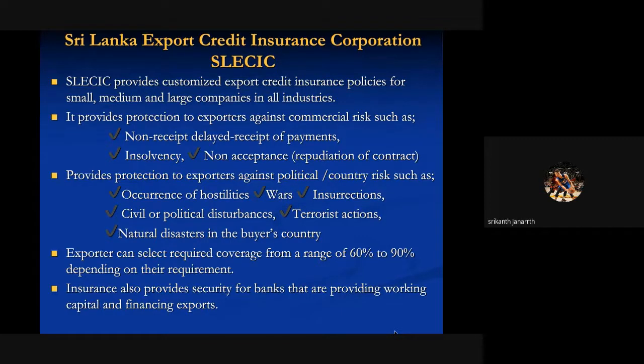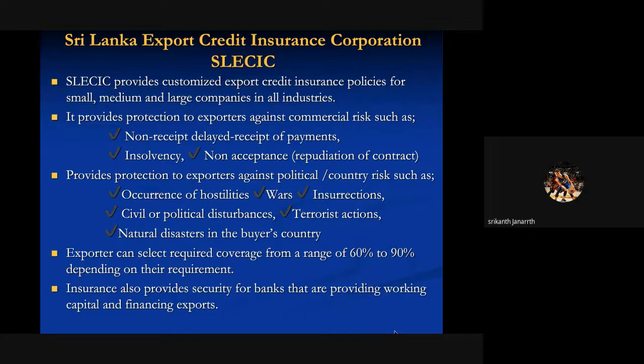So the SLASIC guarantees are structured or tailor-made for a direct exporter to obtain pre-shipment and post-shipment facilities from the bank. It's a facility, remember. They can easily obtain it by getting the SLASIC guarantee.